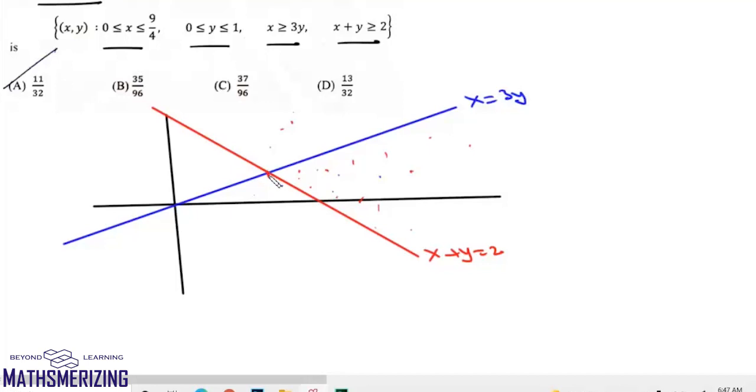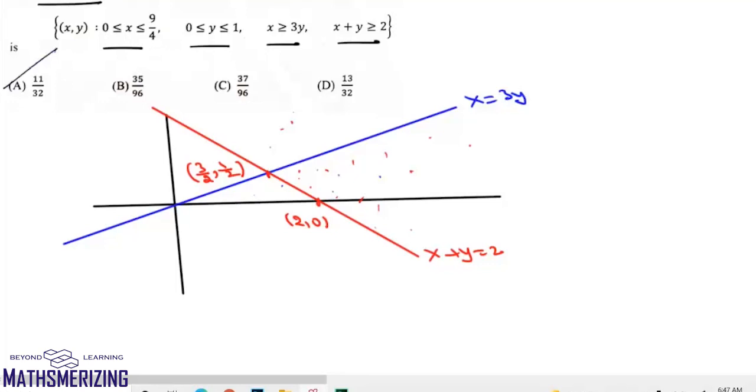Now we'll find this point of intersection. If we put x as 3y, we'll get y as 1 by 2, and if y is 1 by 2, x is 3 by 2. So this point will be 3 by 2 comma 1 by 2, and this point here is 2 comma 0. x lies between 0 and 9 by 4, and 9 by 4 is 2 point something.